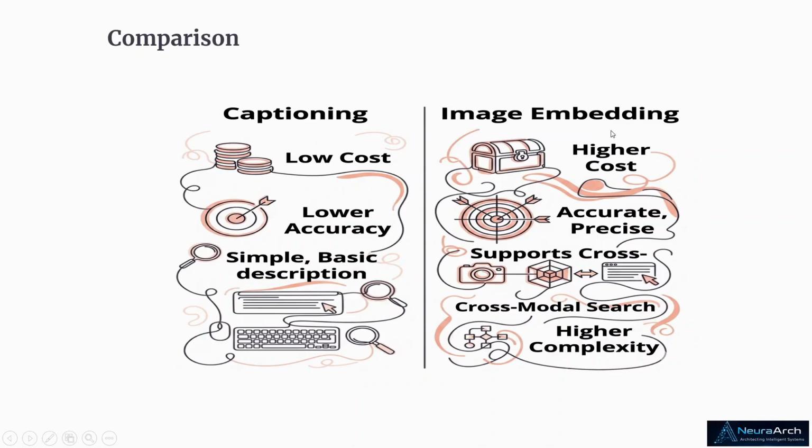Whereas image embedding will definitely have a higher cost, as you are directly dealing with image storage and retrieval as well. The accuracy of the image embedding option will be phenomenal because you are directly comparing the images, right? So it is going to be very precise and accurate. If you are looking for 100% kind of precision, then image embedding is the option for you.